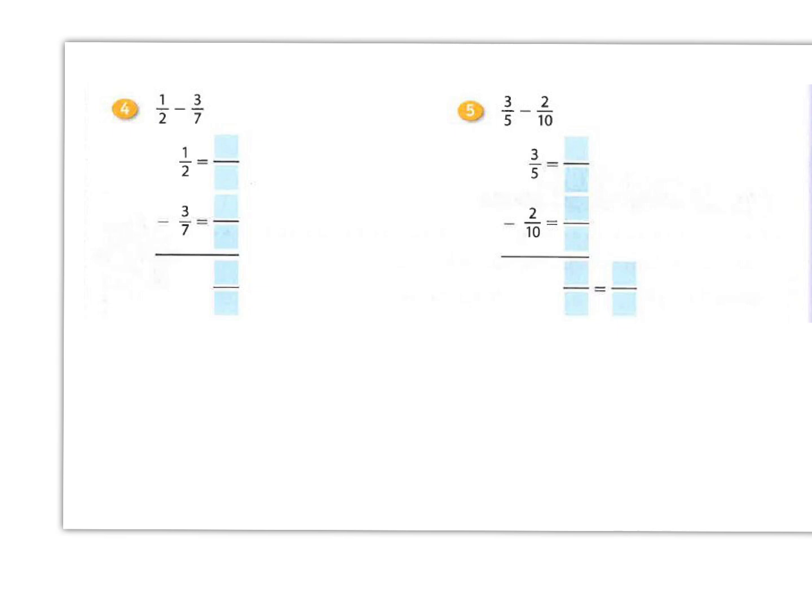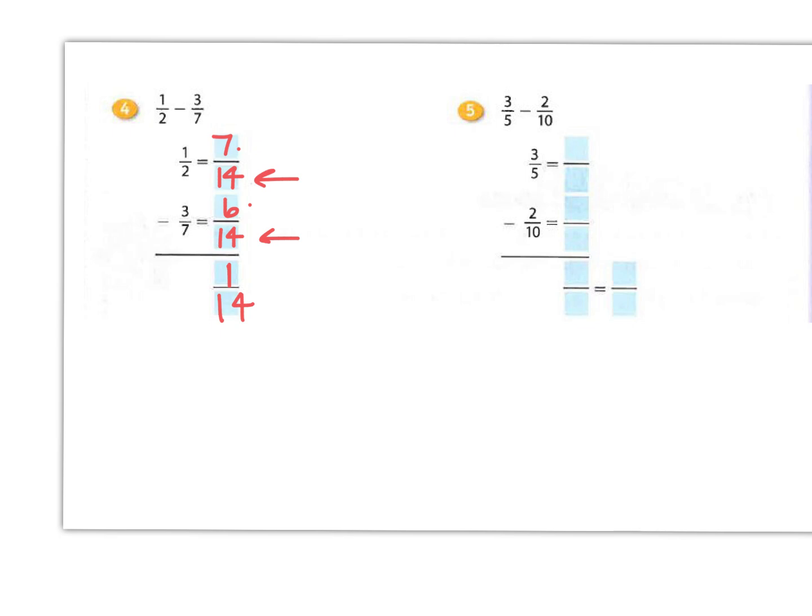So 1/2 equals 7/14 and 3/7 equals 6/14. Just like adding, when you are subtracting, you have to have a common denominator. So now we keep the 14ths, and we do 7 minus 6, which is 1.